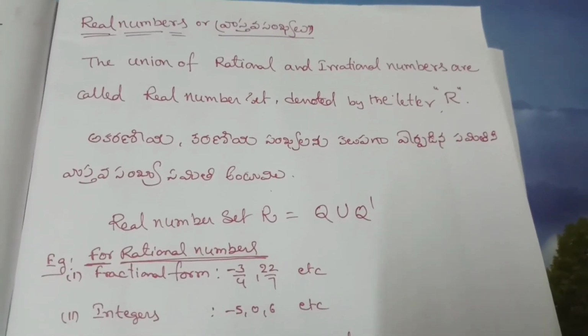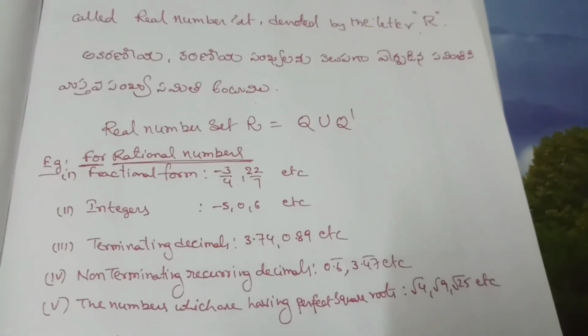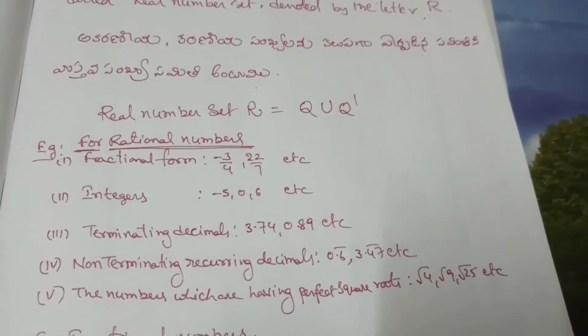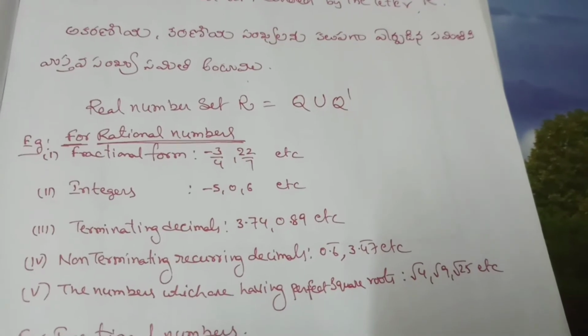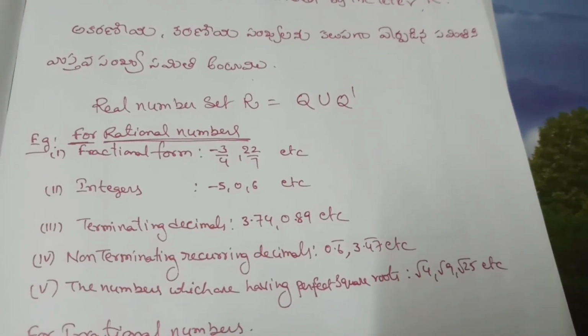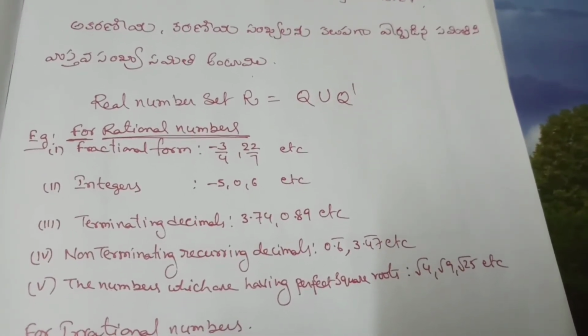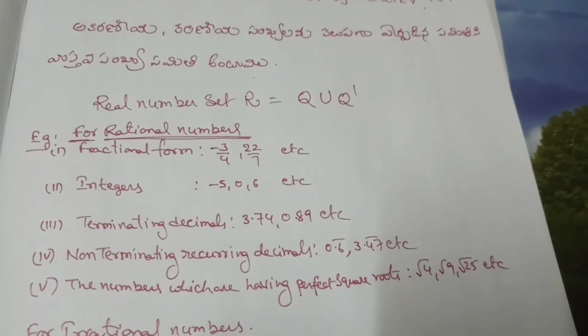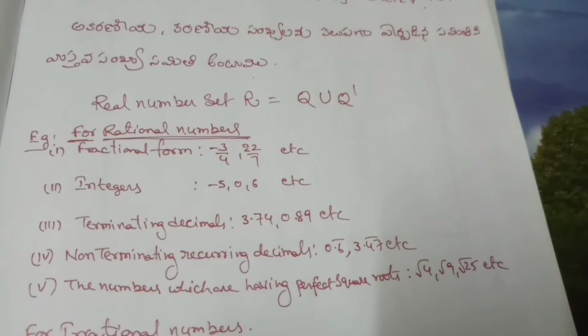So I am writing some examples for rational numbers. For rational numbers, 5 types we have already explained. I am taking examples: fractional form, integers, terminating decimals, non-terminating recurring decimals, the numbers which have perfect roots.